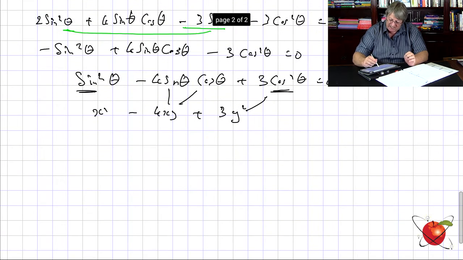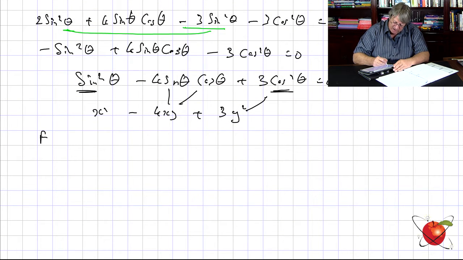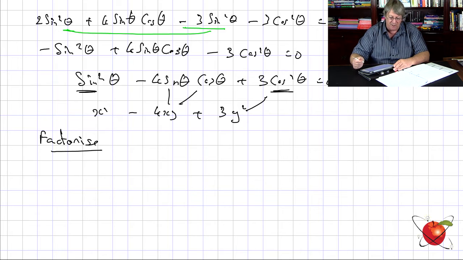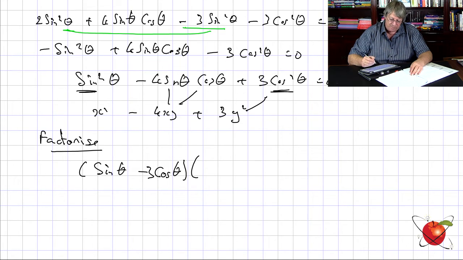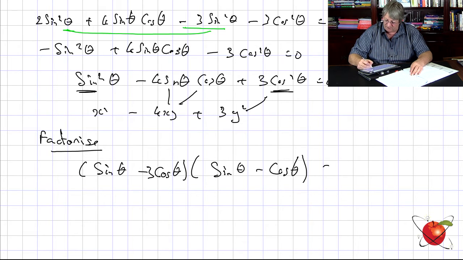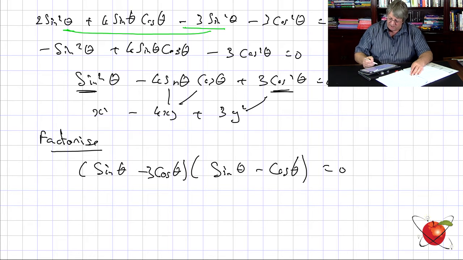It means that I can factorize this. This is sine theta minus 3 cos theta times sine theta minus cos theta equals 0.